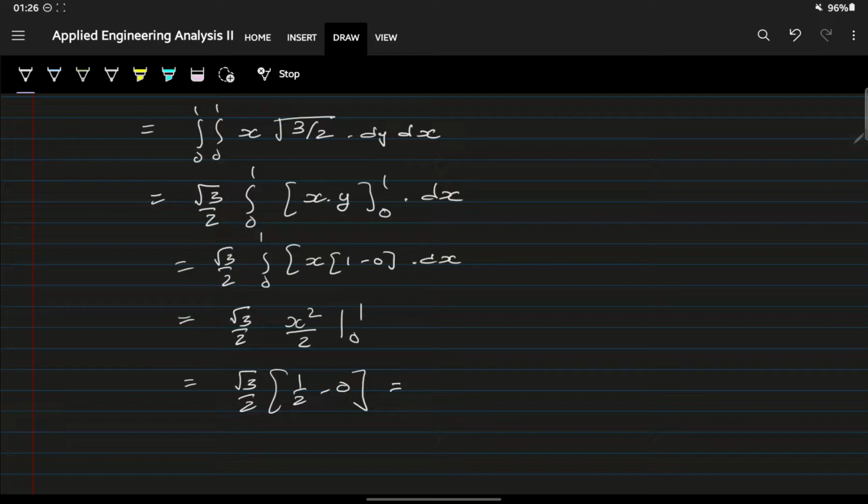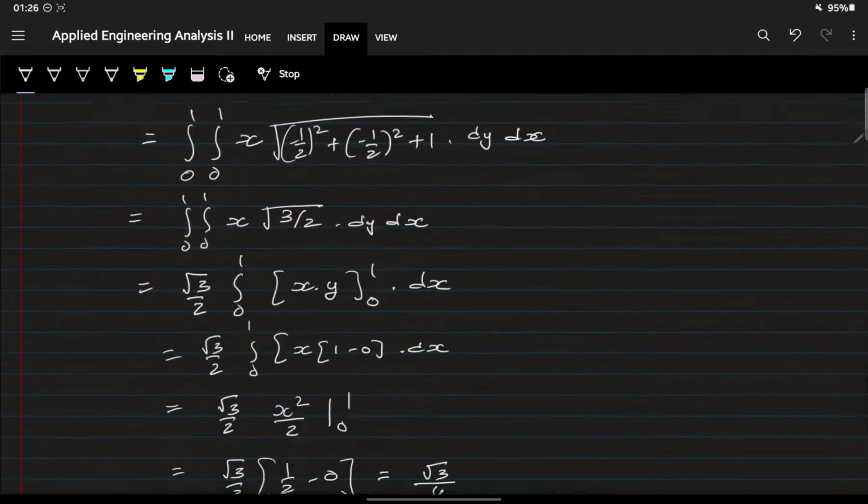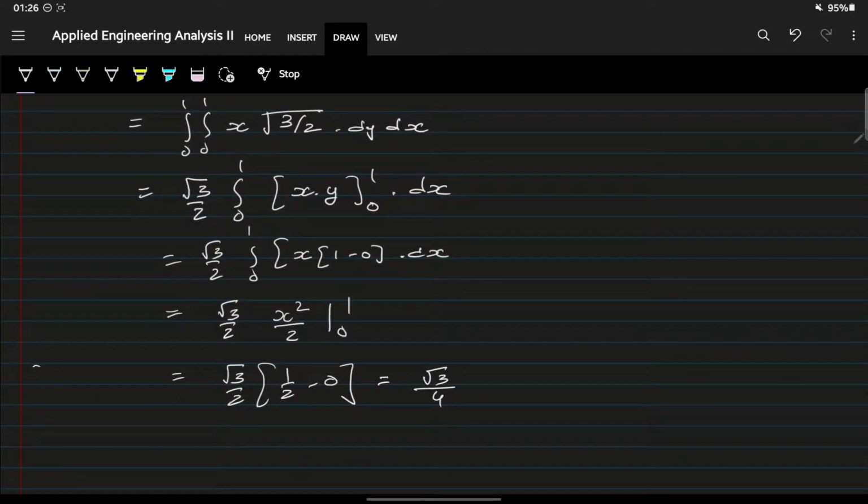Therefore, root 3 by 4. That's our surface integral of g of x, y, z dS.